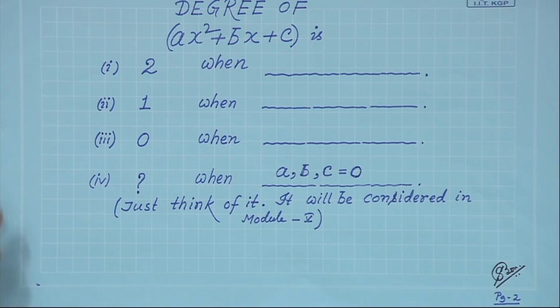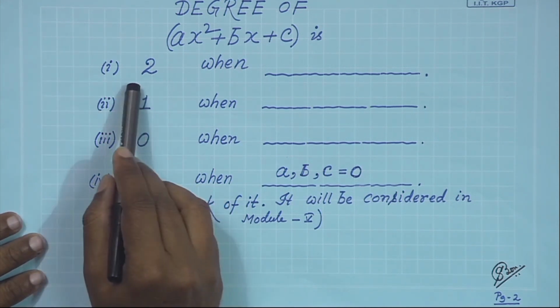Now, we are considering a very simple quadratic polynomial a x square plus b x plus c, where the constants are kept arbitrary. You can choose any value for the constants a, b, c. Then my question is: tell me the condition or conditions for which we can take 2 as the degree of this polynomial.